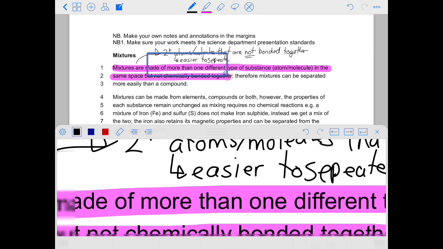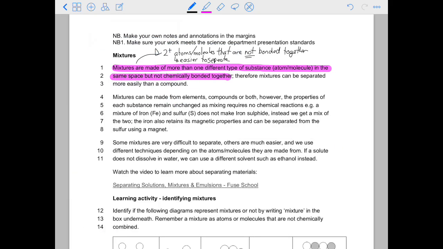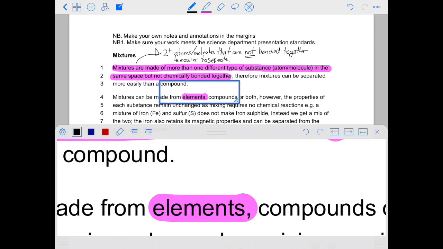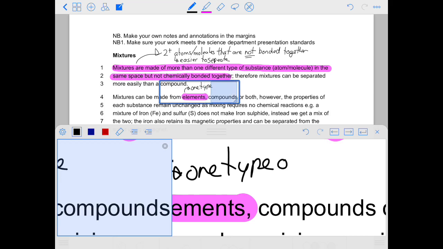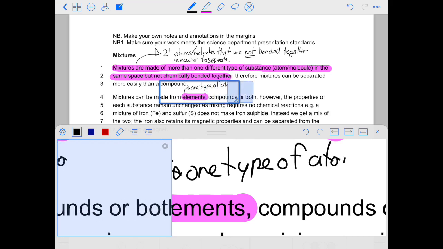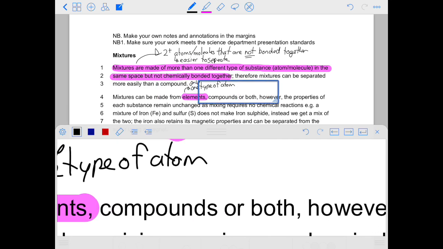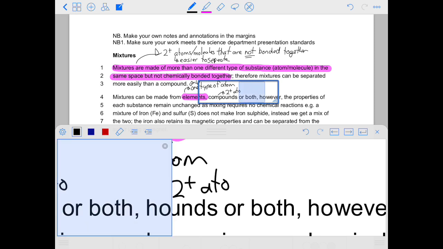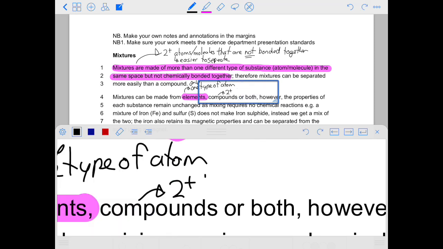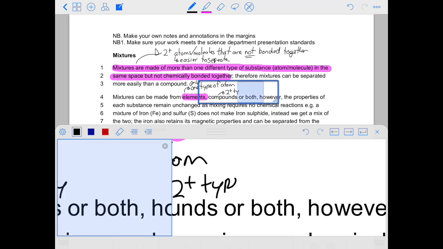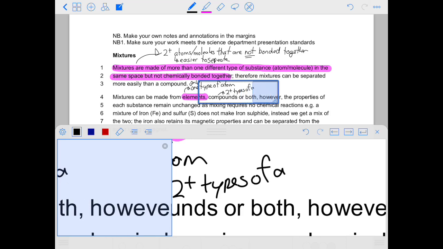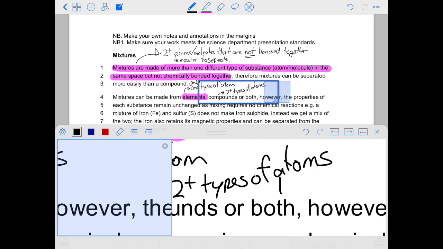So mixtures can be made from elements, which hopefully you remember is one type of atom, only one type of atom. A compound, which is two or more types of atom bonded together.